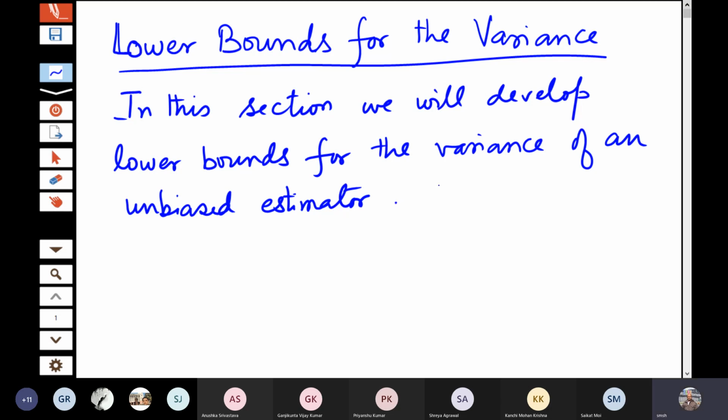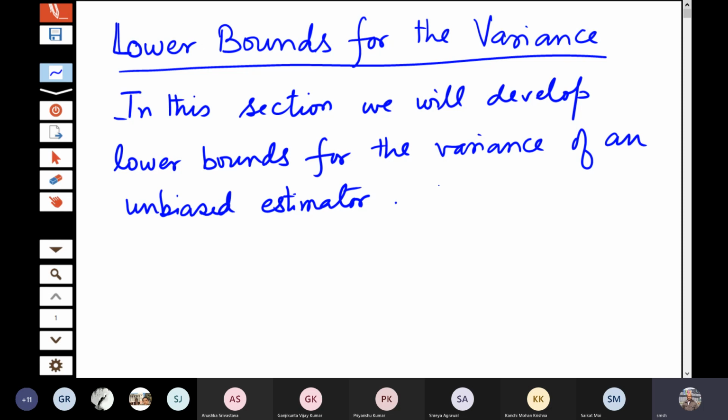So what does it mean? That if there is a lower bound for the variance of an unbiased estimator of a parametric function, and I am able to develop an estimator and show that its variance is equal to the lower bound, then it becomes the minimum variance unbiased estimator.